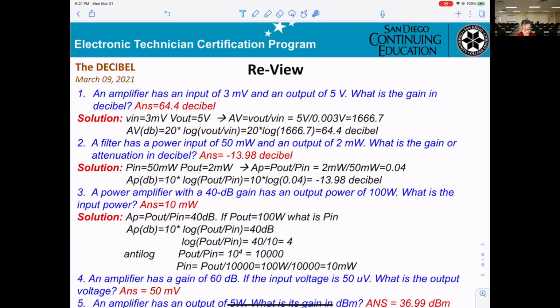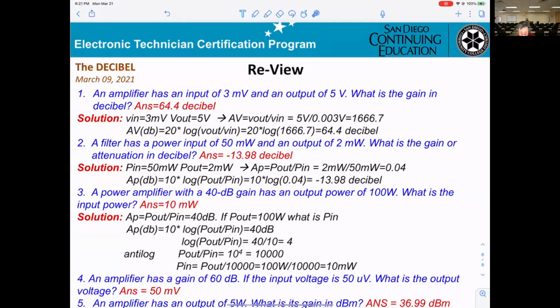Okay. Number 2. A filter has power input 50 milliwatt, output 2 milliwatt. What is the gain or attenuation in dB? Okay. Now they calculate. P in is 50 milliwatt. P out is 2 milliwatt.